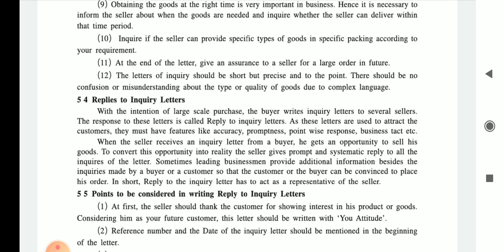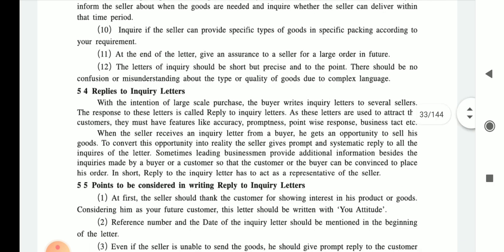There should be no confusion or misunderstanding about the quality of the goods due to complex language. Make sure you write in a very precise and polite language, and in a very simple language instead of complex language.